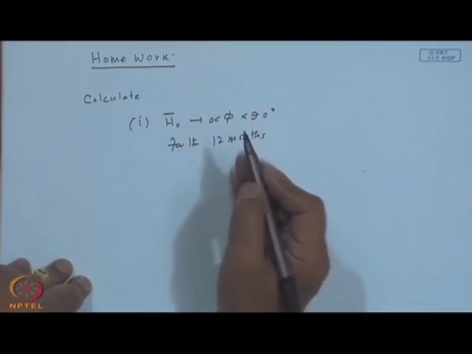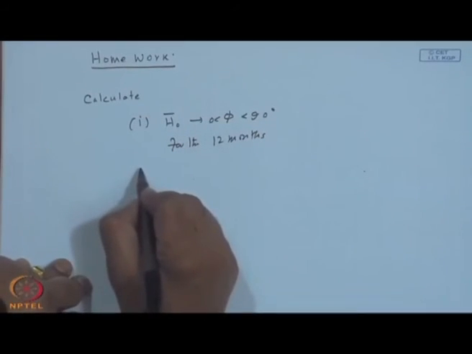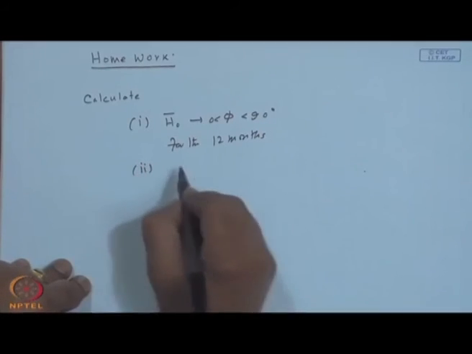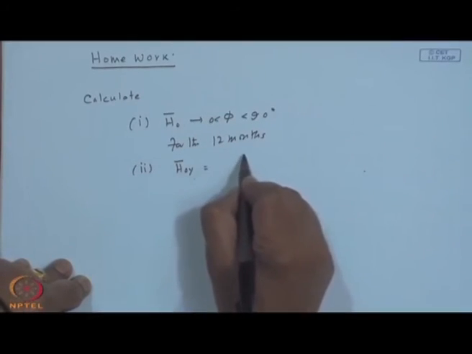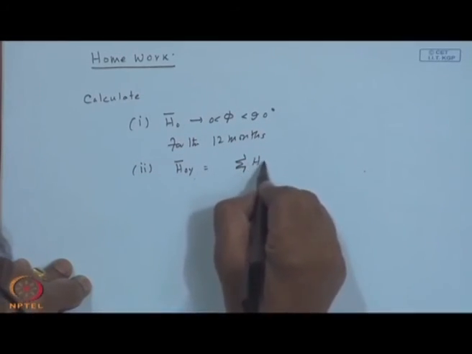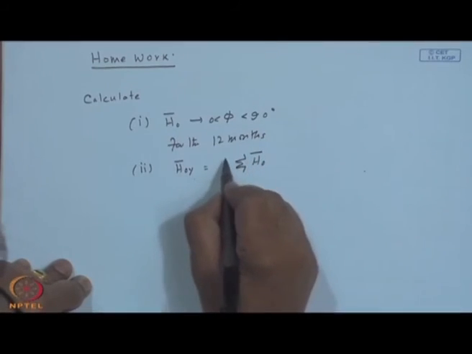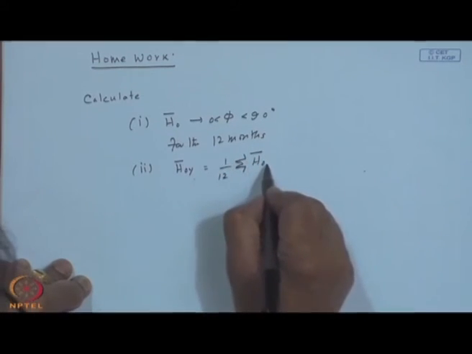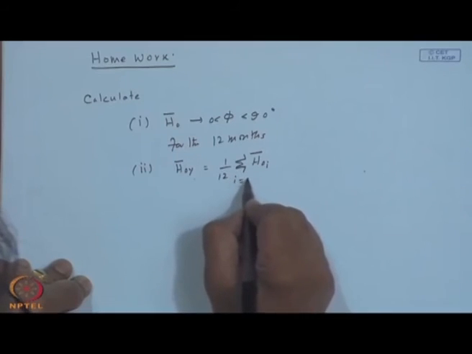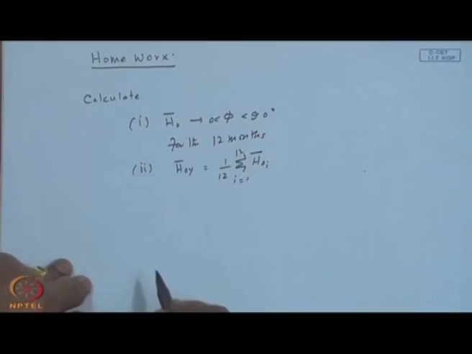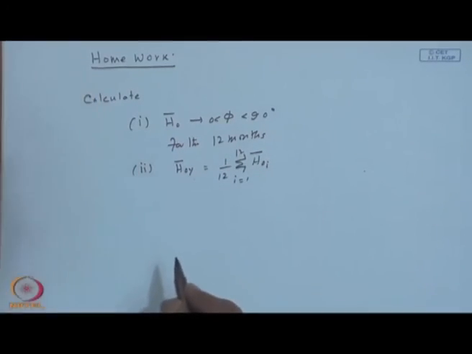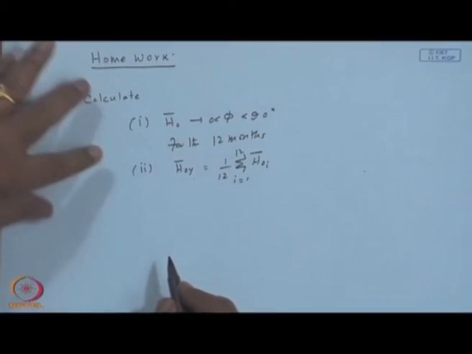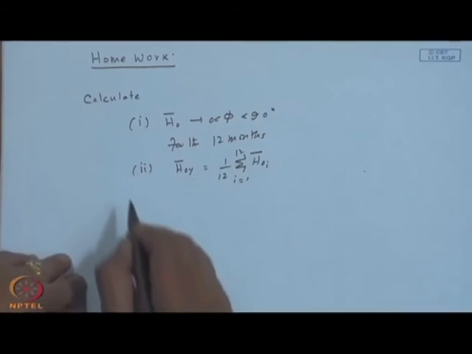Okay. So, that it is simple. 2, H0 y bar equal to summation of H0 bar of each month upon 12, i equal to 1 to 12. So, that you will have an idea with the formula that we have given how much it is off.